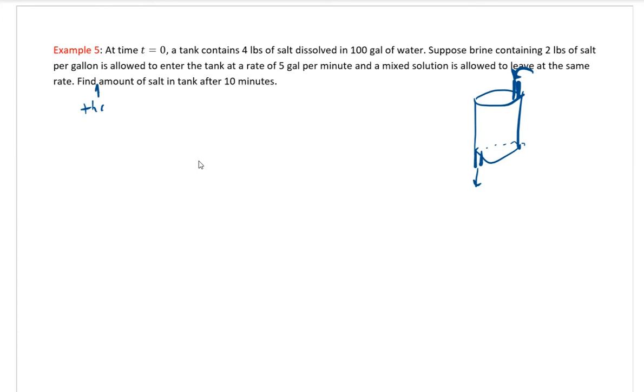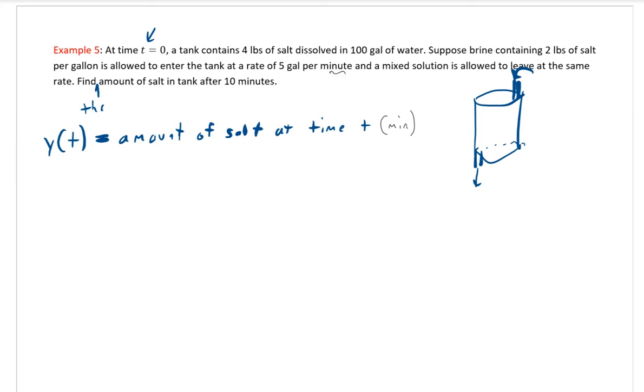In order to solve this, we're going to define a few things. First, let's just define our variables as y and t. We already have the variable t equals 0. And then y we'll just say is going to be the amount of salt at time t, which I guess would be in minutes.